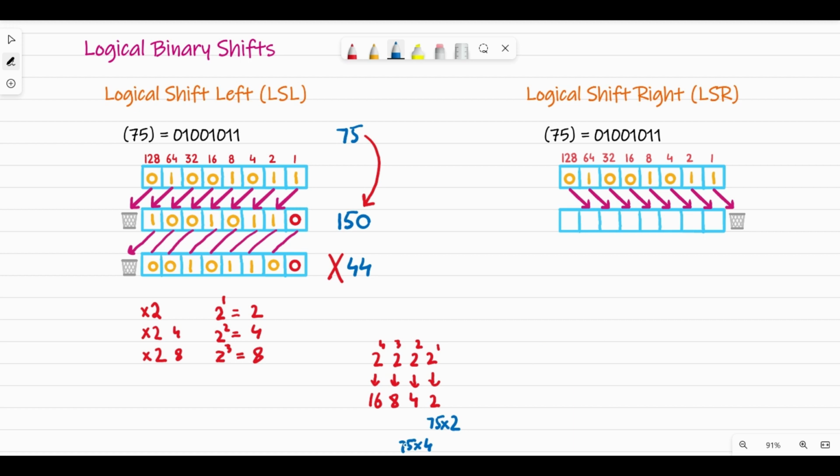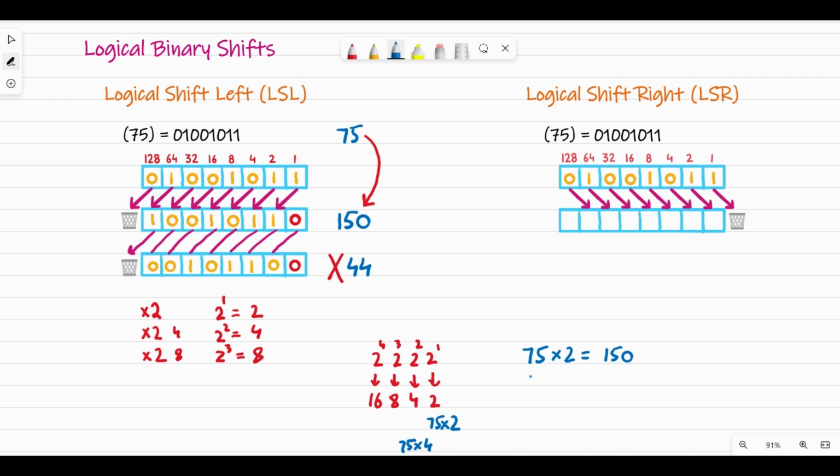Now I'll show this step with an example on 75. Let's suppose we have performed the left logical shift on 75 and it gave us an effect of 75 multiplied by 2, which will give us 150.